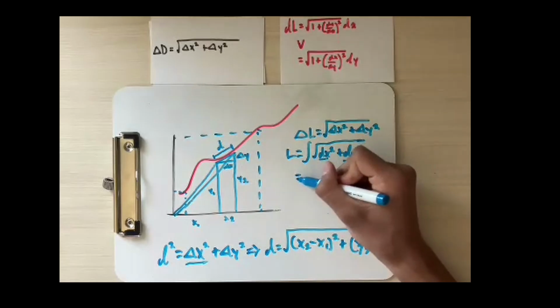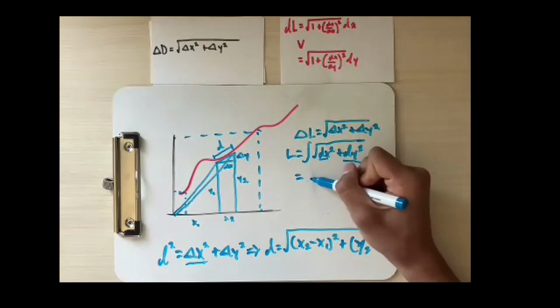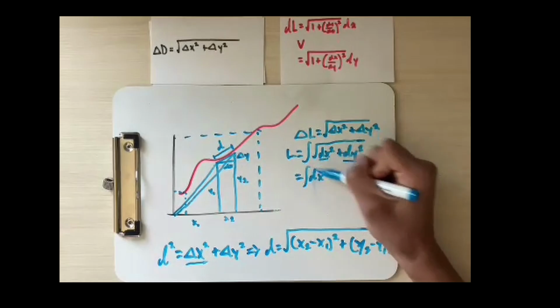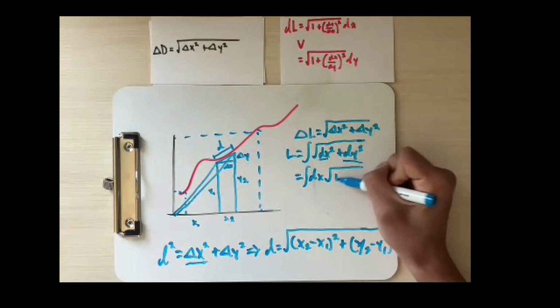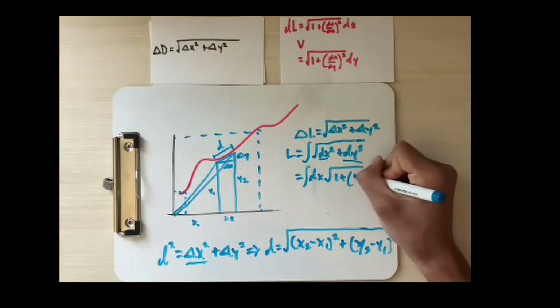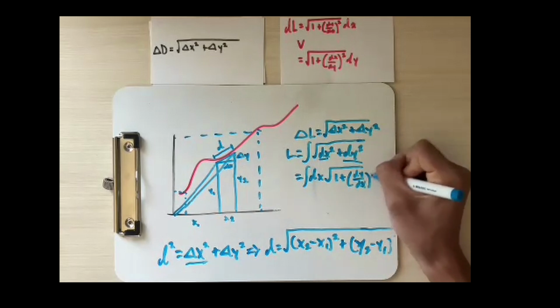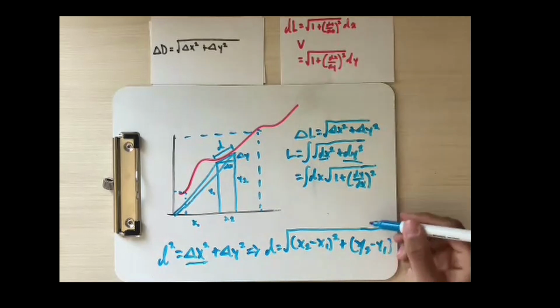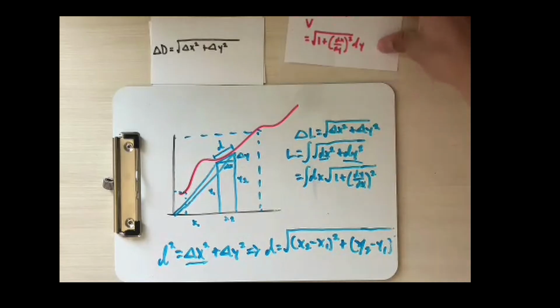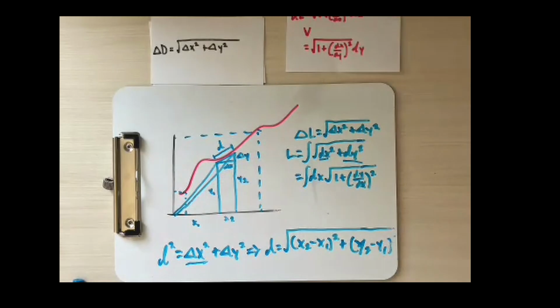So if we factor out that dx squared, then we get dx square root of 1 plus dy over dx squared. And if we do it with dy, we get the exact opposite. So yeah, this length formula, the length of any line, the line integral, comes from our distance formula, which comes from Pythagorean identity triangles. Wowee, that's pretty cool.